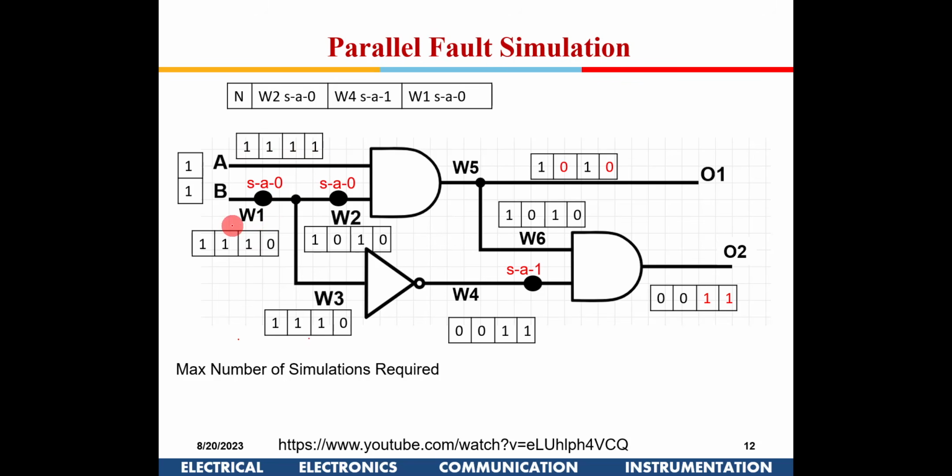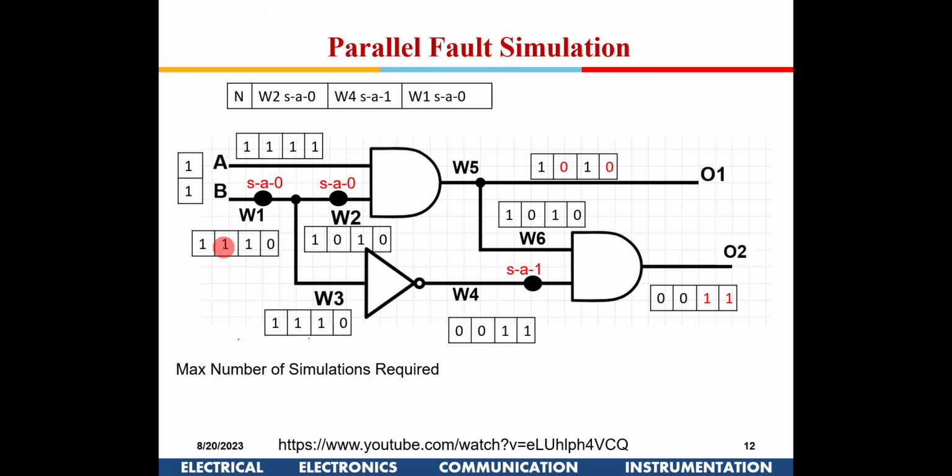Now I am coming here. This is no fault. I am applying a test vector 1 1, so this is also known. So I applied 1 here. The next one corresponds to W2 stuck at 0, but I am talking about this particular wire out here, so W2 stuck at 0 doesn't affect this point.